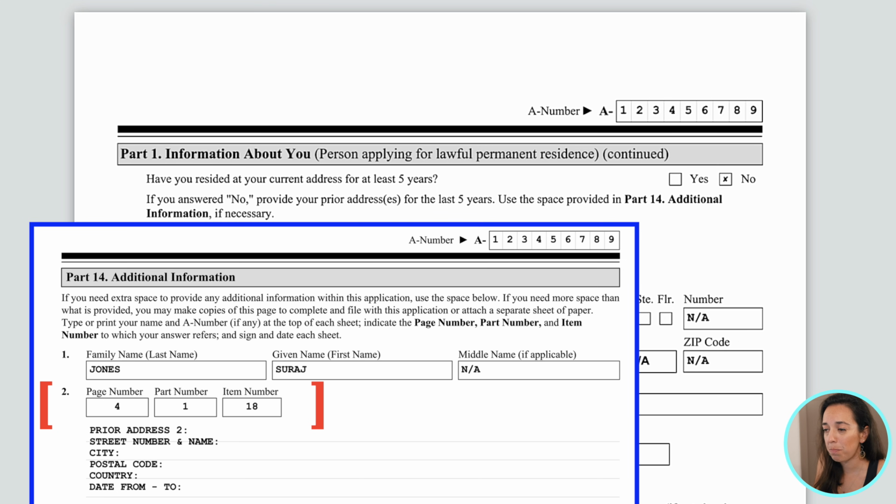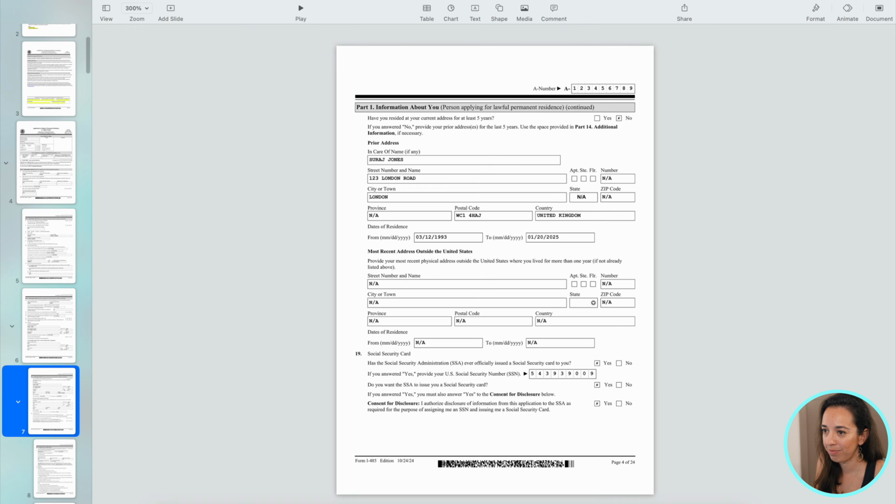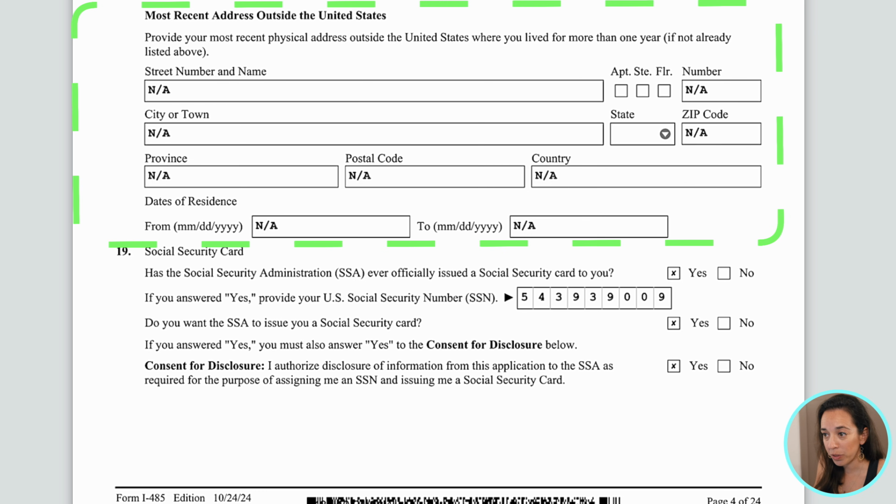So you'll type in page 4, part 1, and that this is item or question number 18. As my husband has only ever lived in one address, we wrote NA for the next question. You can leave this section blank if it's the same as above.